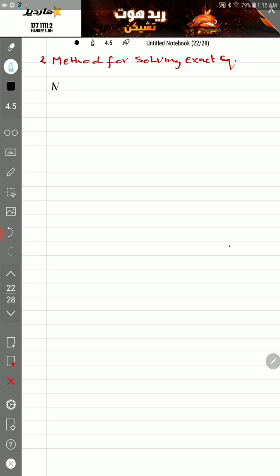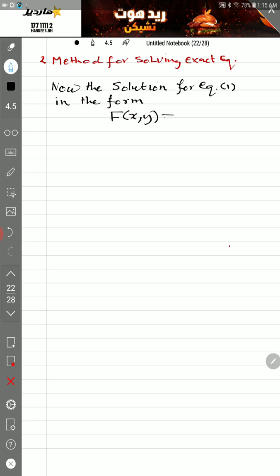Now the solution for equation 1 is in the form f of xy equal to c.